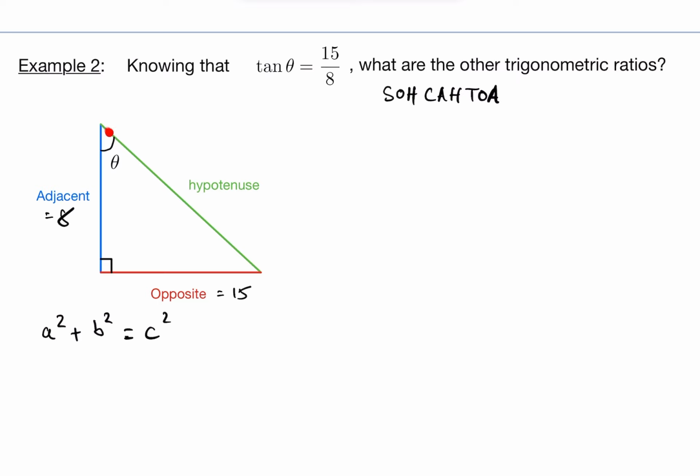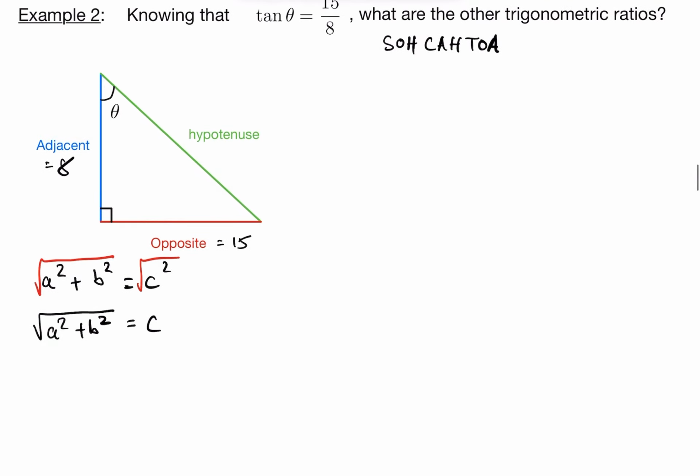The ultimate thing is to find the length of C. Okay, so we want to know what this length is. So remember that this is going to be c squared. So the value of c is going to be the square root of both sides. And c then becomes the square root of a squared plus b squared.